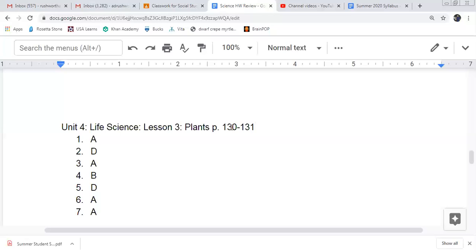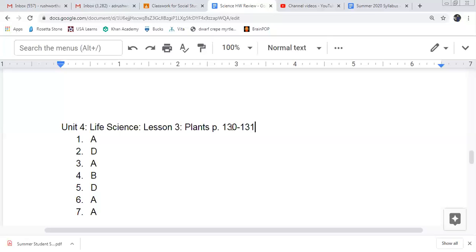Number 7, after the seed dropped to the ground, when conditions were just right, the seed germinated. Go back to page 129 under plant growth. It says under appropriate temperatures and moisture conditions, a seed will germinate, or begin to grow. That's where you would find your answer.